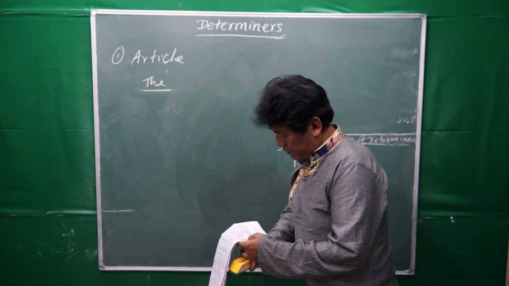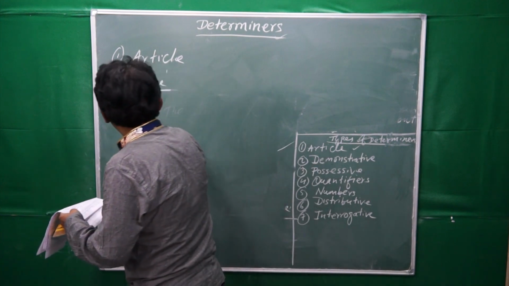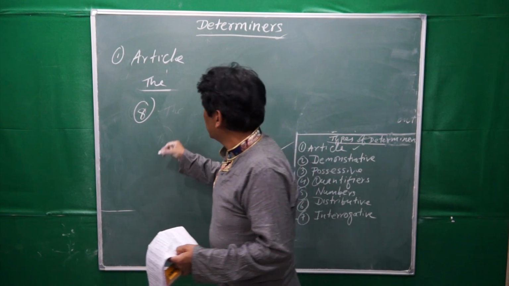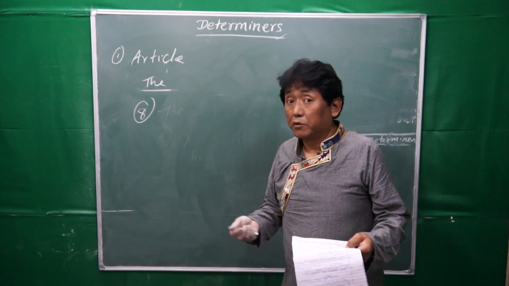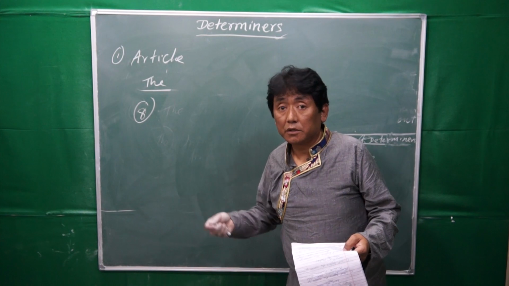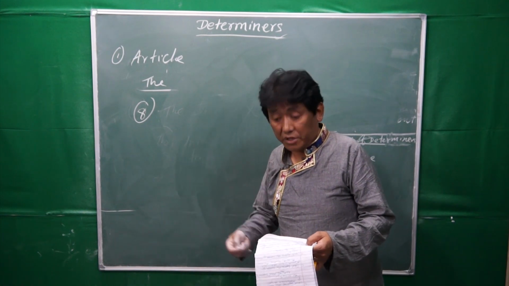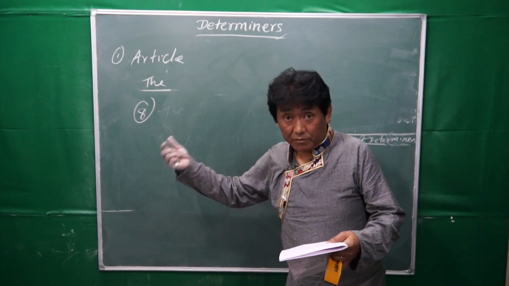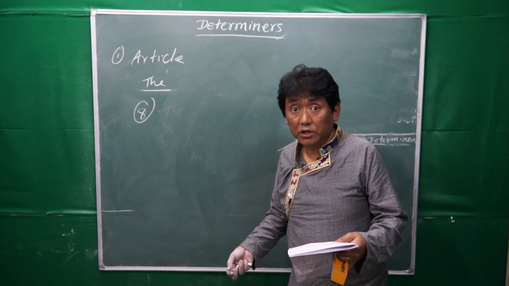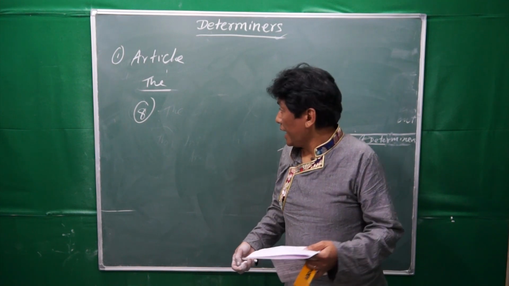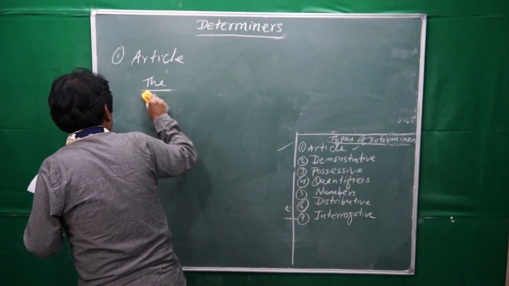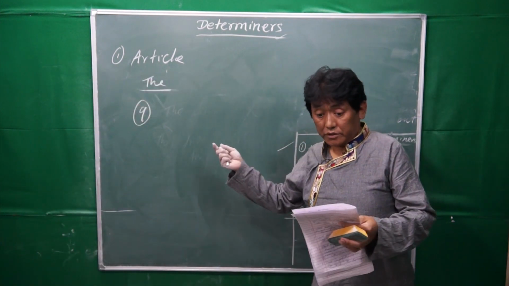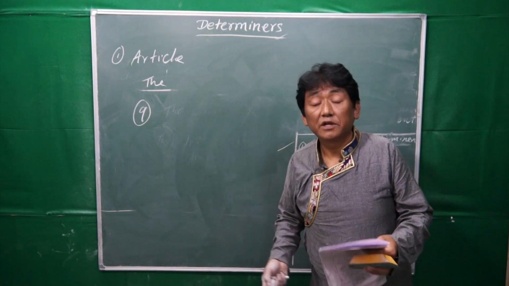And then we have names of scriptures. Do you know scriptures? Books, in fact. Names of books, right? Books like the Bible, the Gita, the Ramayana. For all of these holy books, we write "the" in front. And we move on to point number 9. We will talk about newspapers and magazines.